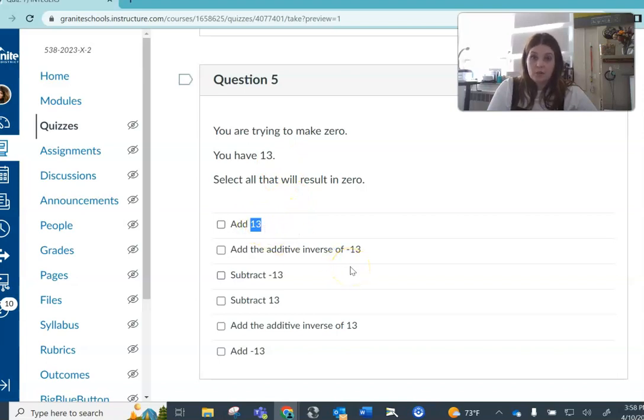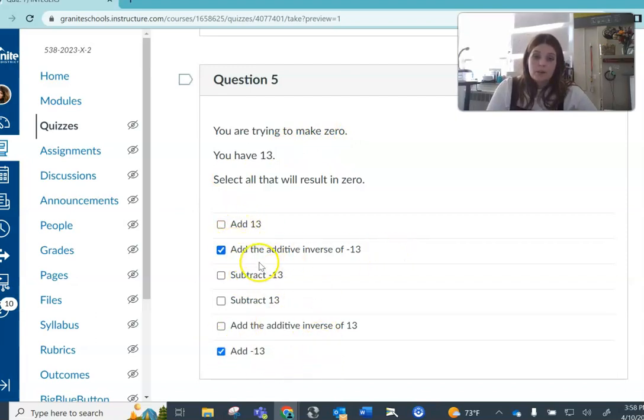Will that give you 0? No. That gives you 26. Then it says, what happens if you subtract a negative 13? You would literally put into your calculator 13 subtract negative 13. You would have subtract then a negative, so a negative negative. So you would go through and check all these.